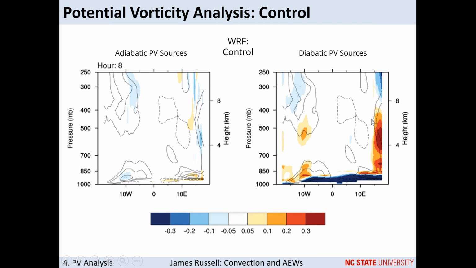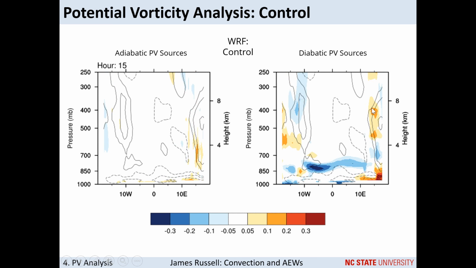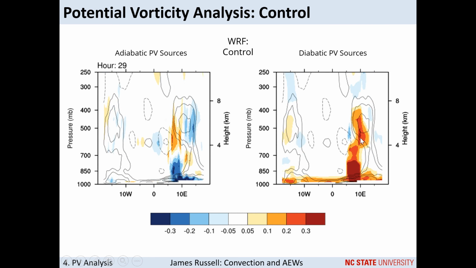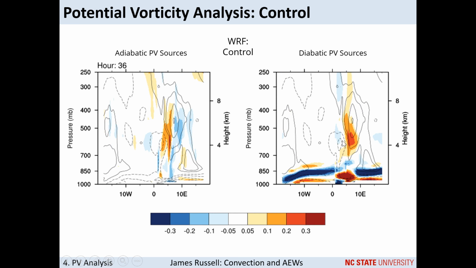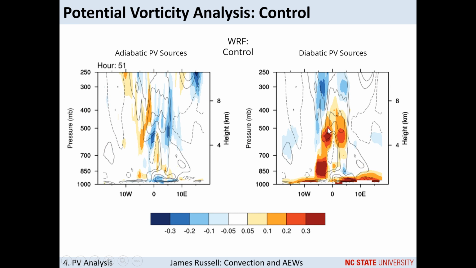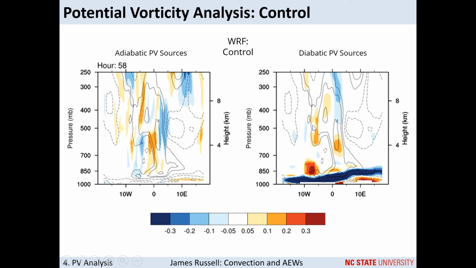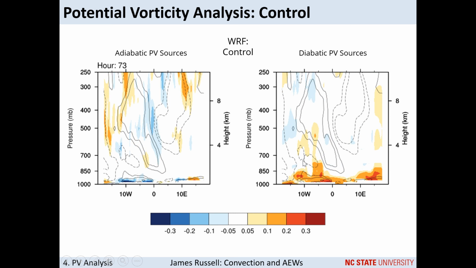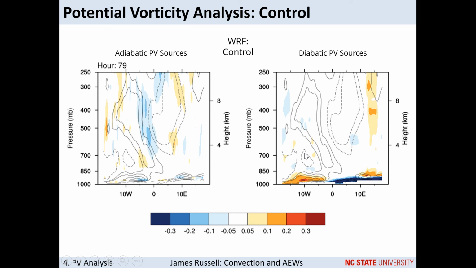So now we've started the simulation again here. So this is a PV anomaly from the wave entering the domain, and you can see we have diabatic sources leading the positive PV anomaly, and then the PV anomaly tends to weaken when we see weakened diabatic sources.